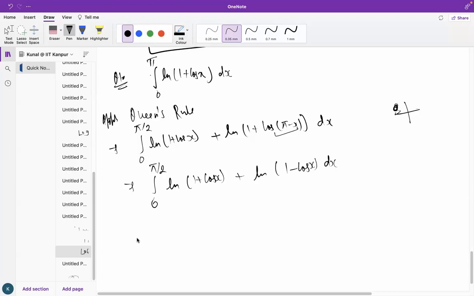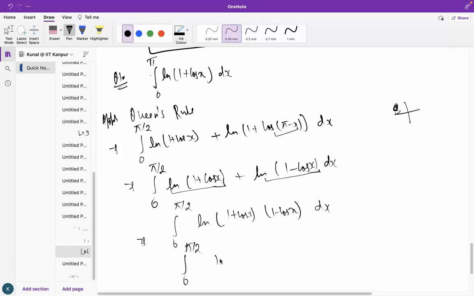So now what do you have to do here? This is again in the form of ln a plus ln b, so I'm just trying to do ln ab. When we multiply this, we get 1 minus cos square x. From 0 to pi by 2, ln of 1 minus cos square x, and we know 1 minus cos square x is sin square x, so ln sin square x dx.